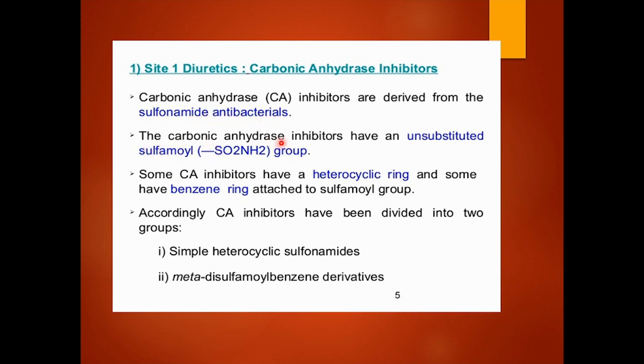The carbonic anhydrase inhibitors have an unsubstituted sulfamoyl group in their structure, and they may have a heterocyclic ring, and some drugs may have a benzene ring attached to the sulfamoyl group. Accordingly, carbonic anhydrase inhibitors are divided into two groups: simple heterocyclic sulfonamides, and meta-disulfamoyl benzene derivatives.